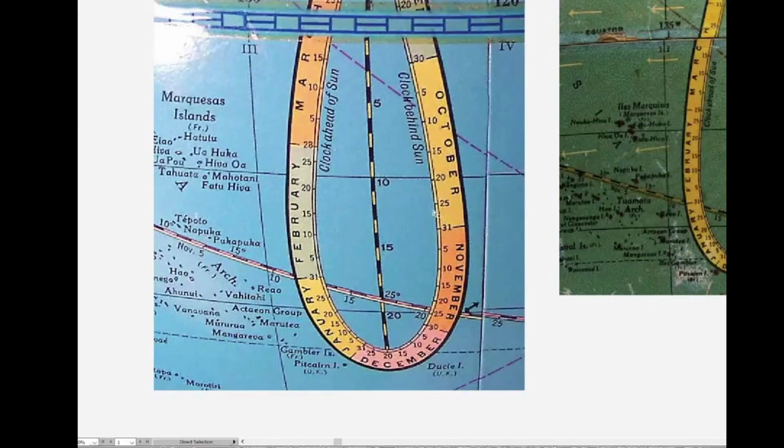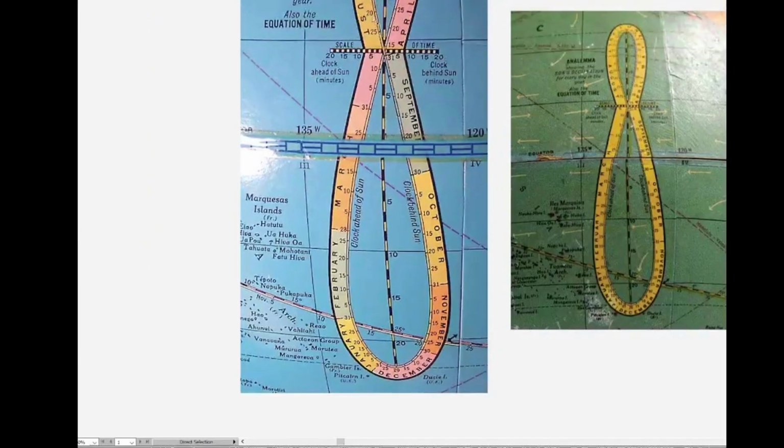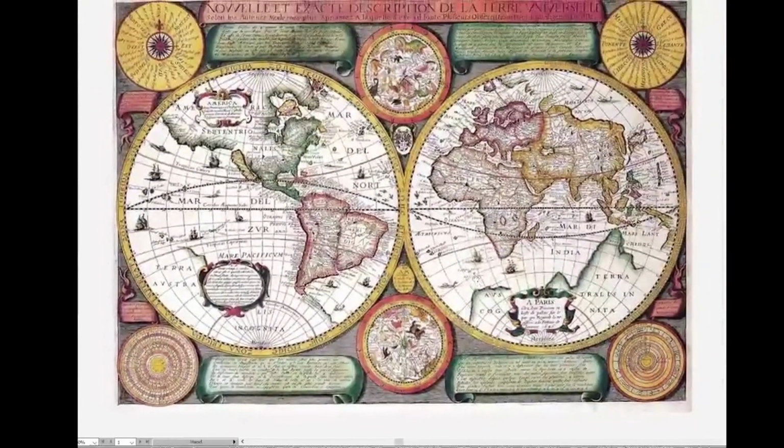So this analemma, this movement of the sun, as well as the zodiac signs, has been known for a long time.